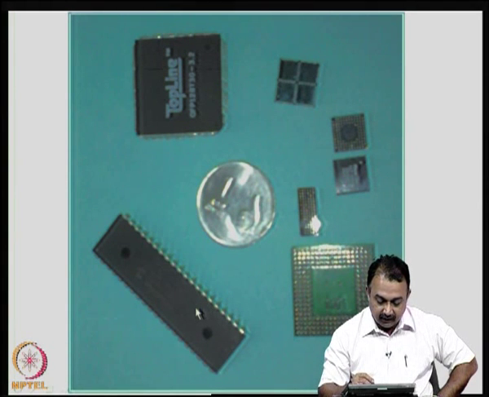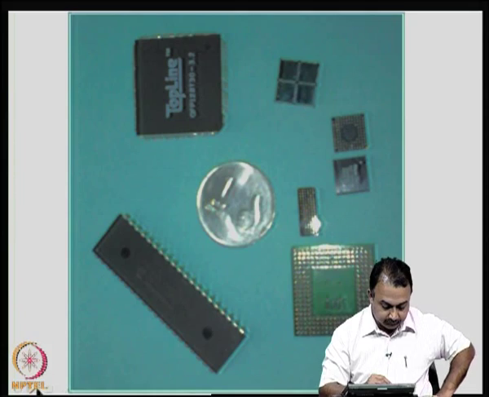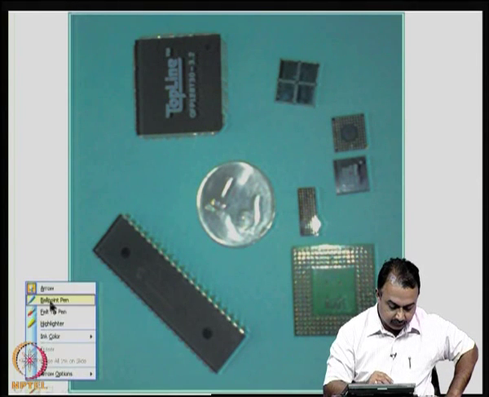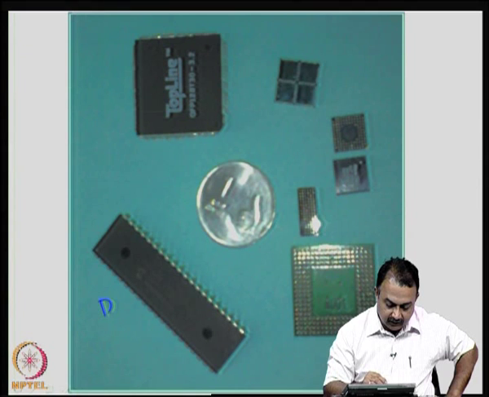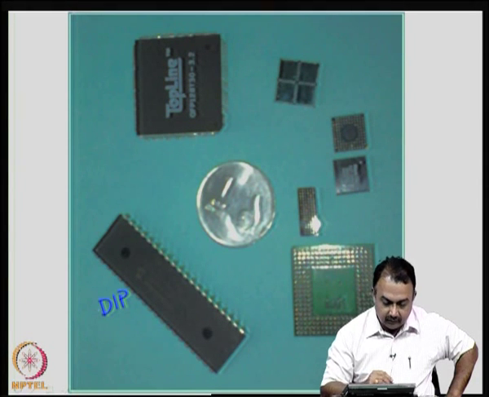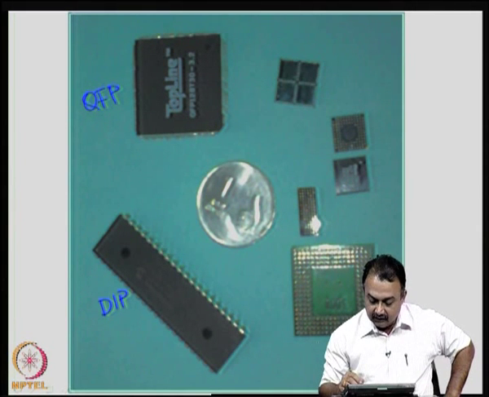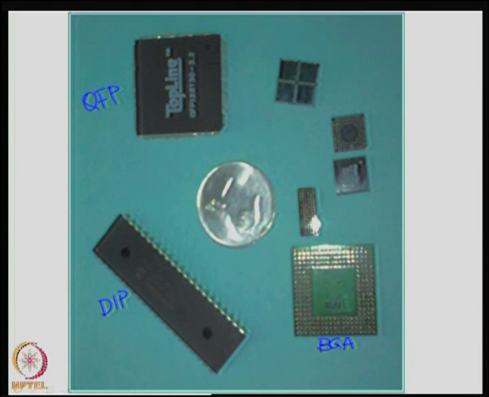This is our DIP package, then you have the QFP, then this is the BGA ball grid array, this is a CSP, these are the two sides, the bottom side and the top side of a CSP, and this is a bare die.